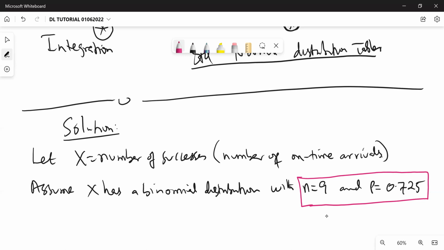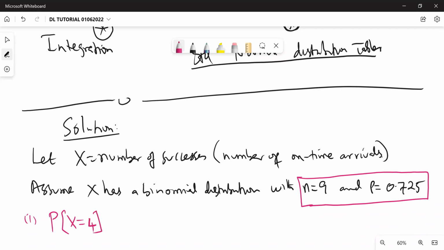So now we can answer the questions. Question 1, the probability that 4 flights arrive on time. So we're talking about the probability that x is equal to 4.